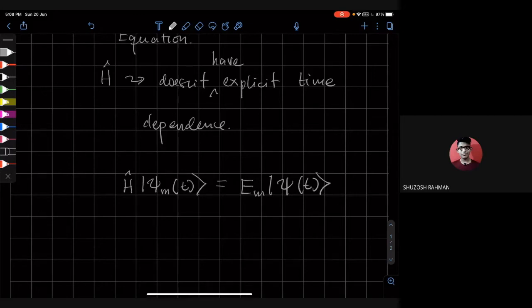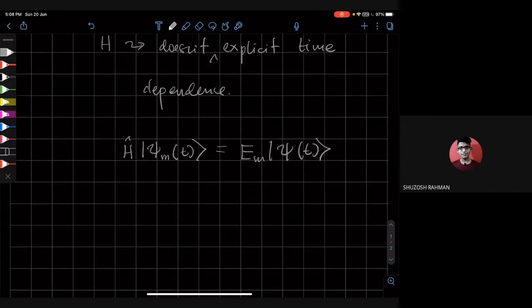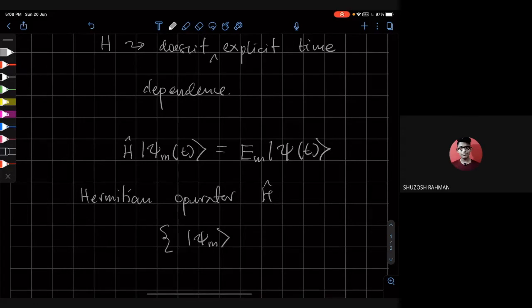And this is based on the fact that if we have a Hermitian operator, say in this case H, then its set of eigenvectors constitutes a complete basis for a Hilbert space.